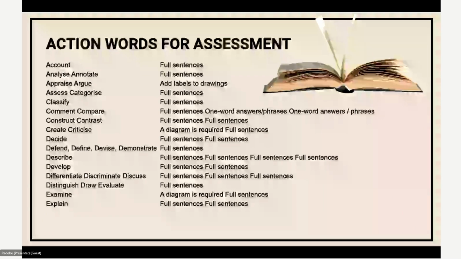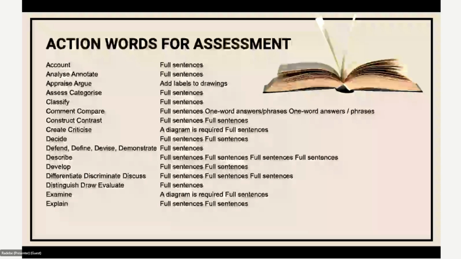It says a full sentence must be provided. So every time you must teach your learners to give a full sentence where possible. When the question says account, full sentence. When the question says, for example, describe, a full sentence must be provided. So we don't just give telegram answers, but we give full sentence answers, effect and a qualifier, always, especially for paragraph questions. We give effect and a qualifier.